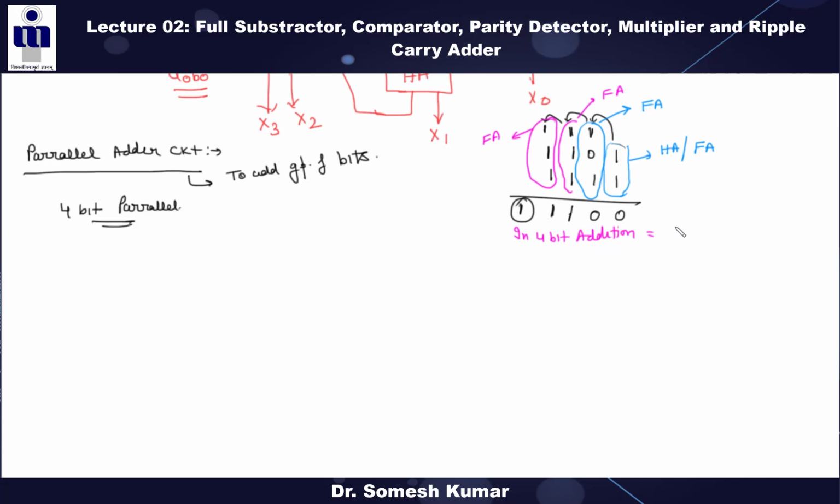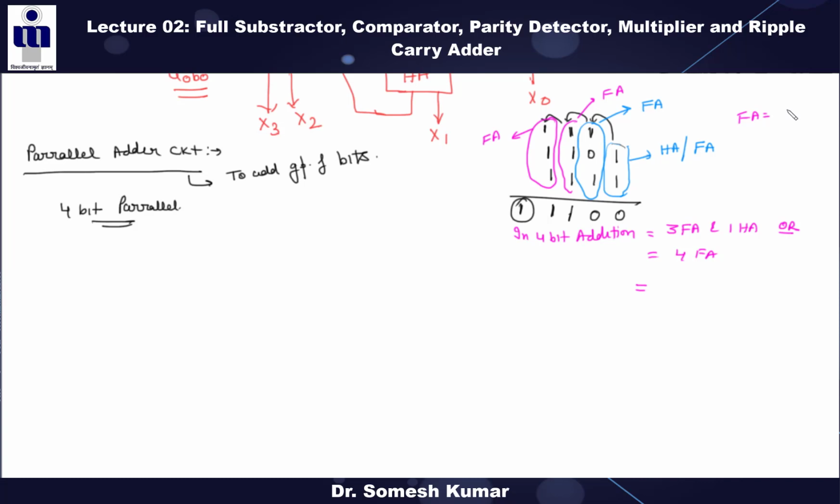So in 4-bit addition, how many full adders are used? Maybe 3 full adders and 1 half adder, and maybe 4 full adders, right? Now one full adder consists of how many half adders?